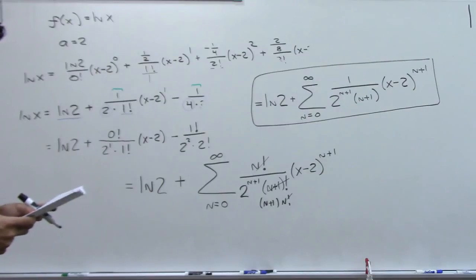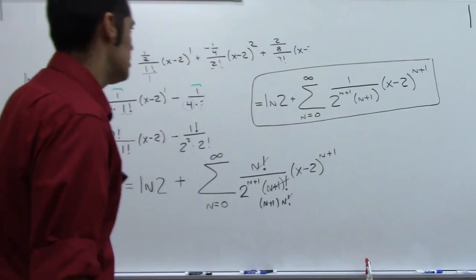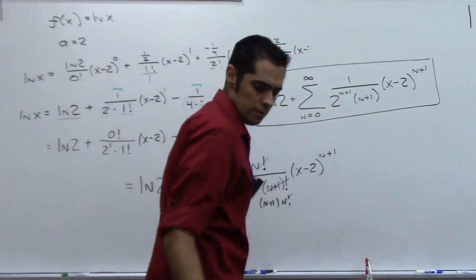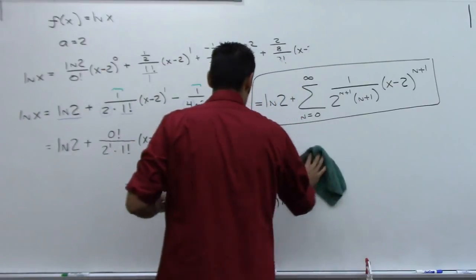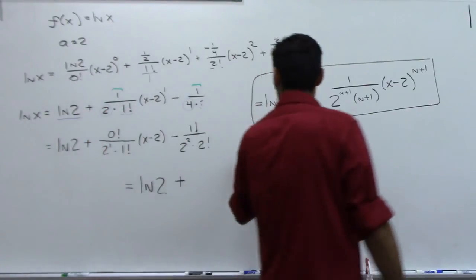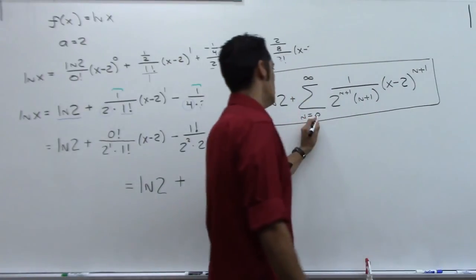Check it real quick. Yeah, that's fine. The book answer, they switched the index here to 1, so I'll do that just to show you. This is correct. It's not wrong. It's just they want to have a different index. That's fine. So what I'm going to do is change this index to a 1.